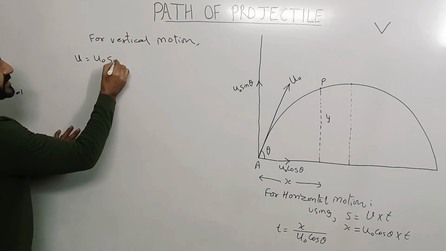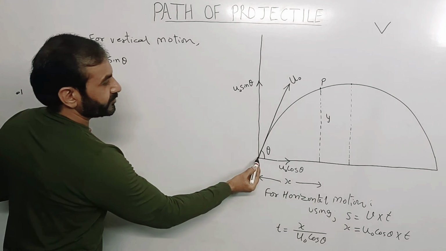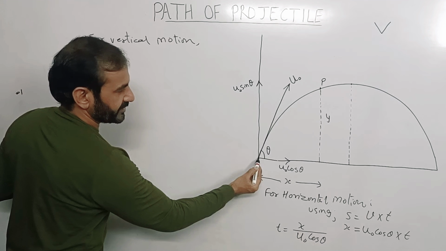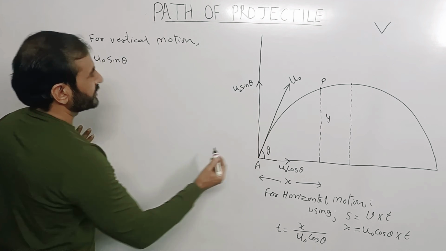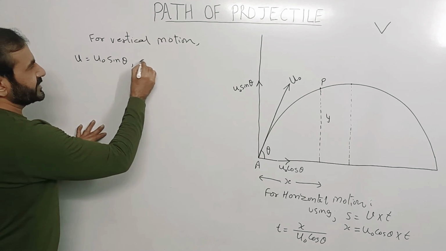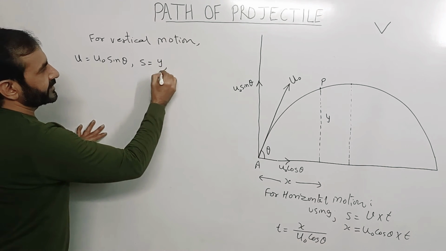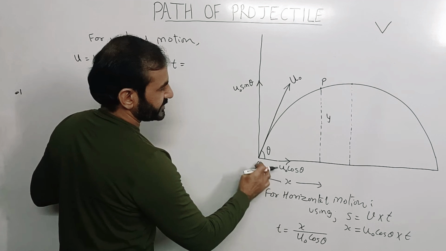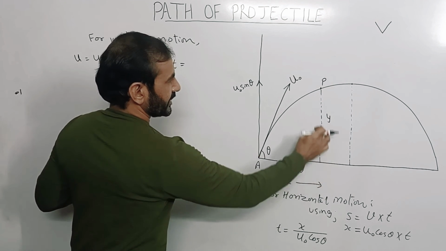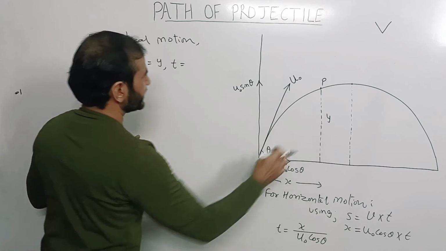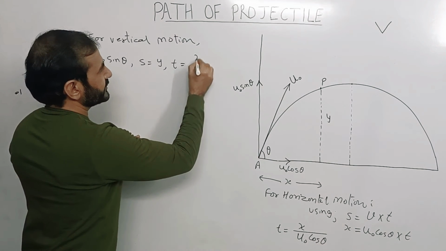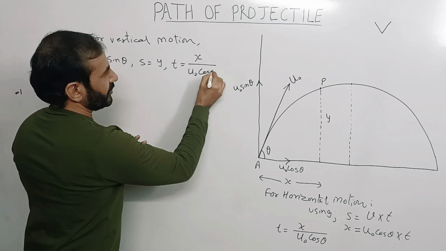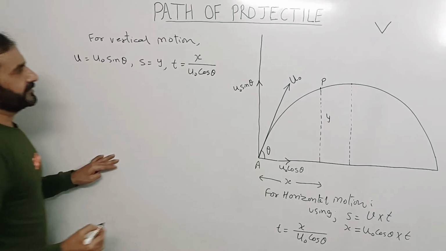U naught sine theta at point A. U naught sine theta is the velocity at point A, which is vertical velocity. What is s? This is y. What is t? The same time, because in t time body covers y distance vertically. So we have t as x upon u naught cos theta.